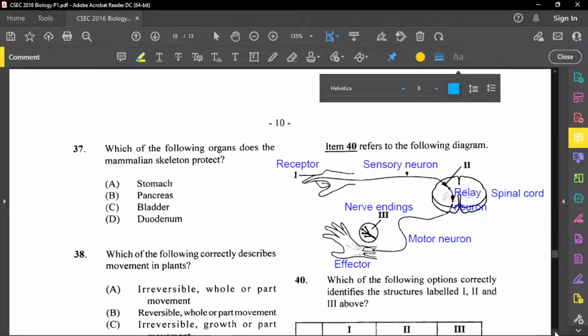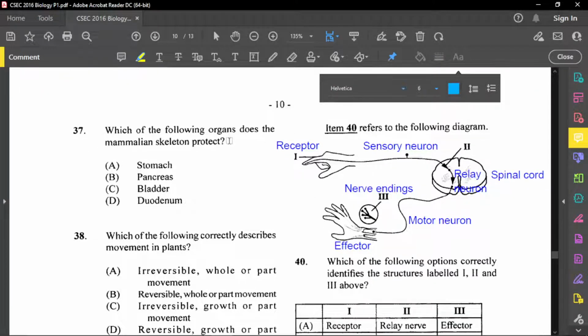In question number 37, it says, which of the following organs does the mammalian skeleton protect? Stomach, pancreas, bladder, duodenum. The duodenum specifically is not really inside of a bone or covered by a bone.